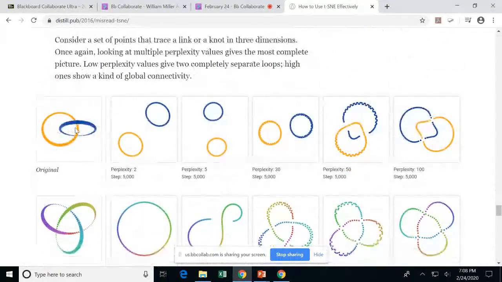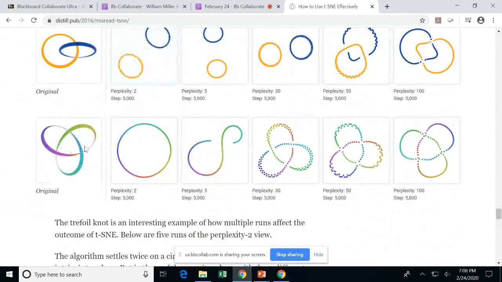And here's another topology. This is probably a three-dimensional plane. You have one circle in the z-x axis and one circle in the x-y axis. But when they show up, they don't show up that great. Here is more of the same idea, how that gets projected.